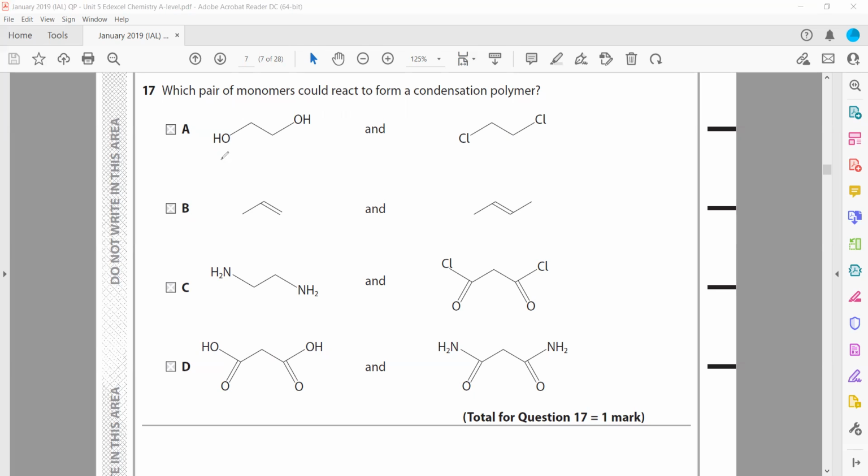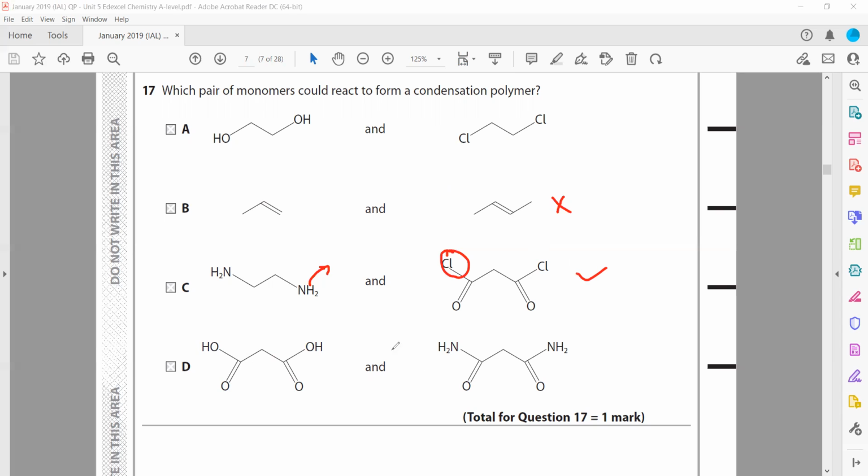This is a normal halogen and alcohol. Halogen and alcohol cannot undergo condensation polymerization. These are alkenes. They can undergo addition polymerization, but not condensation. Here amine groups are there and acyl chloride. So the amine will lose its H and this will lose its Cl, and the molecules can link with an amide or a peptide linkage.